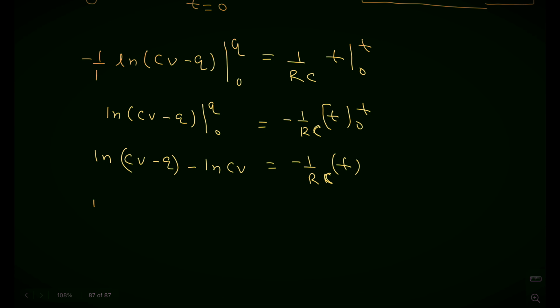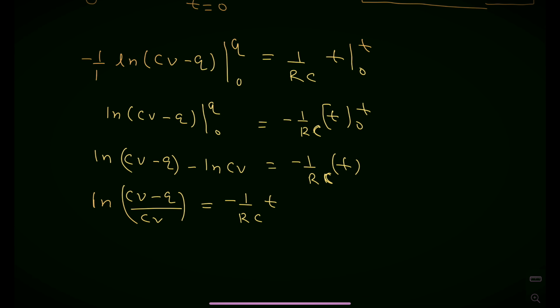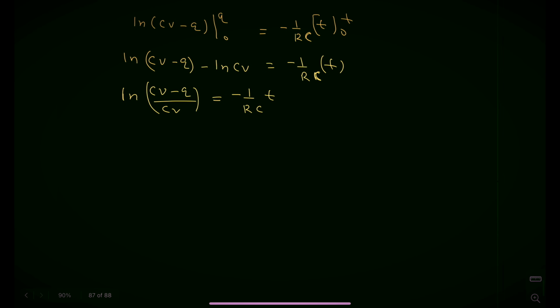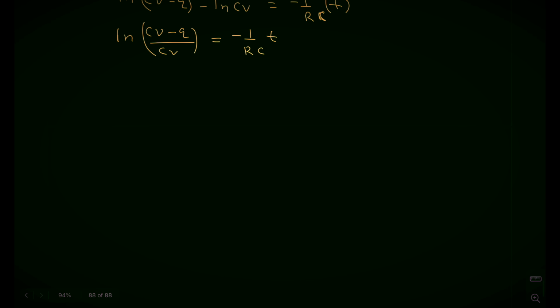Then, solving this, we get (CB minus q) upon CB equal to exponential e power minus t upon RC.